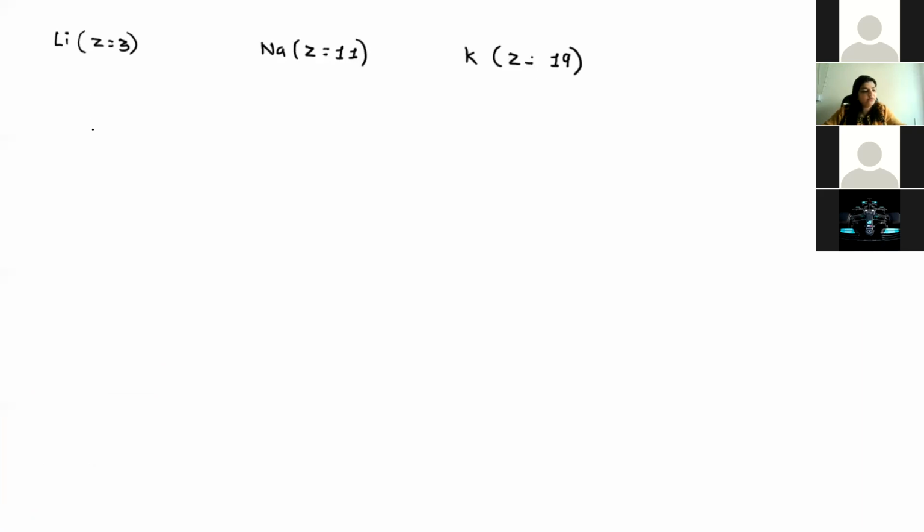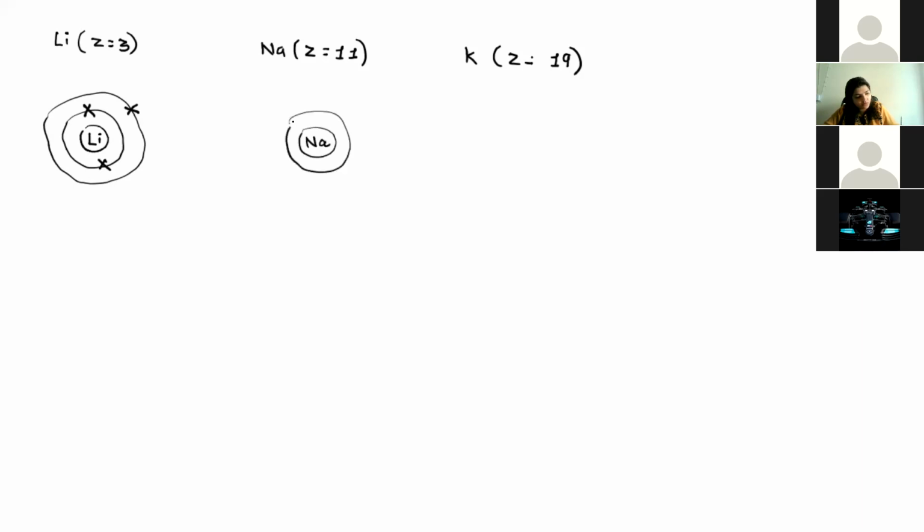Lithium's electronic configuration, with the nucleus over here, is 2, 1. Sodium is 2, 8, 1.